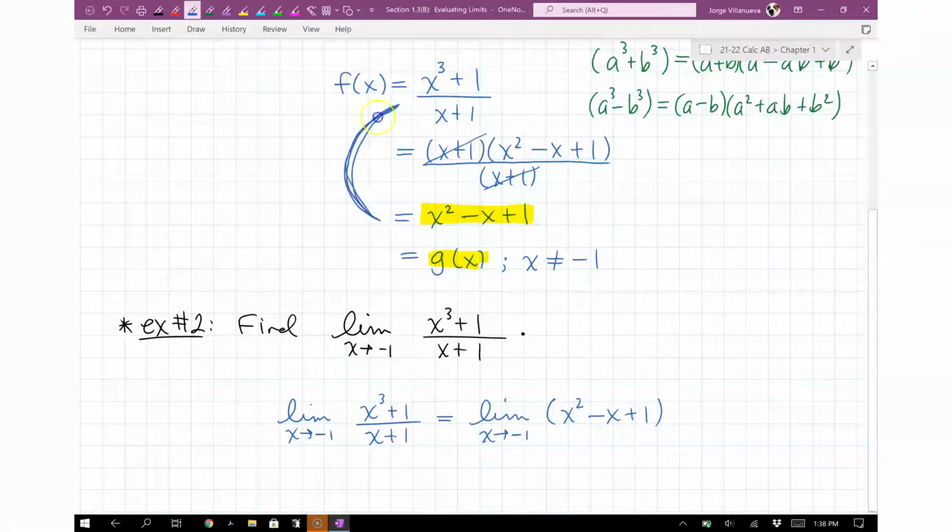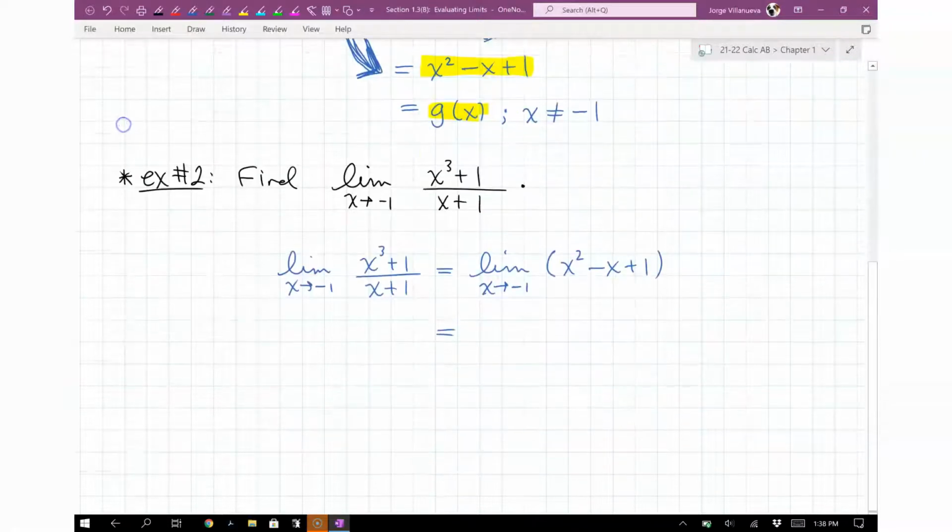Up here, we proved that x cubed plus 1 over x plus 1 just became x squared minus x plus 1. Okay? Now I can do direct substitution. So if I just plug in a -1, I'll get a -1 squared minus a -1 plus a 1. So this will be 1 plus 1 plus 1. So your limit is 3.